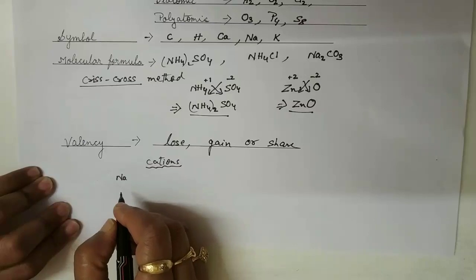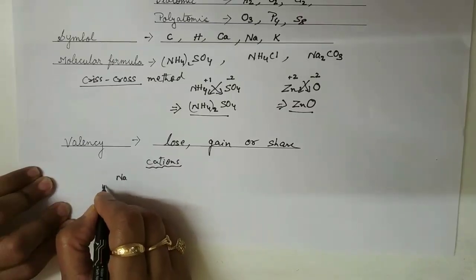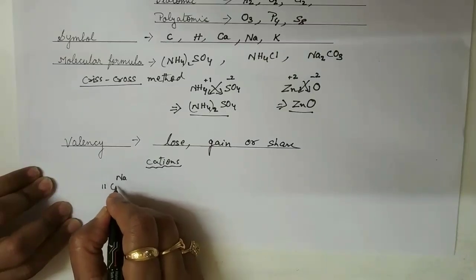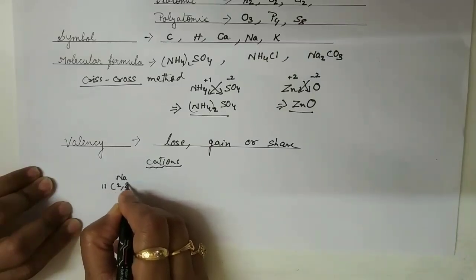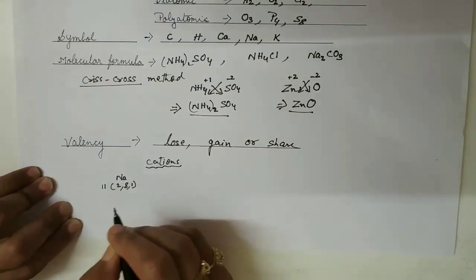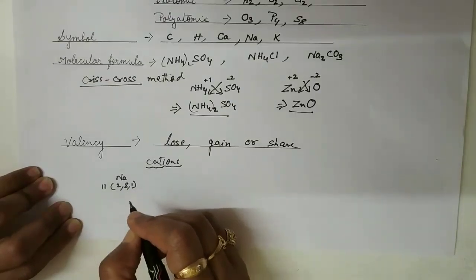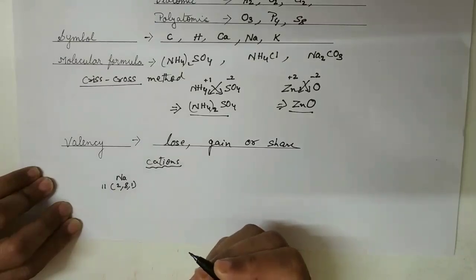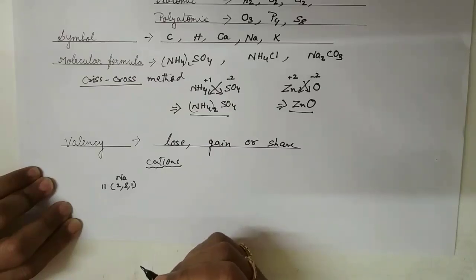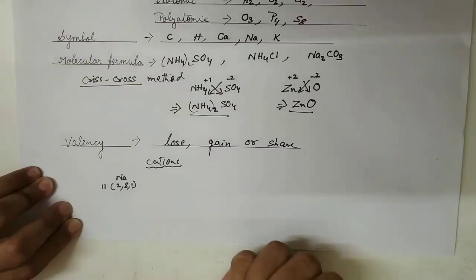The atomic number of sodium is 11, and we know the electronic configuration is 2, 8 and 1. Now every atom needs to be stable. In order to attain this stability, it has to lose or gain or share electrons.